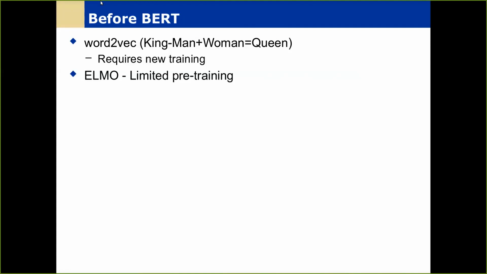In fact, Word2Vec allows us to do a lot of vector operations to determine meaning. For example, if we take the vector for the word king, subtract the vector for the word man, and add the vector for the word woman, we end up with the vector representation of the word queen.